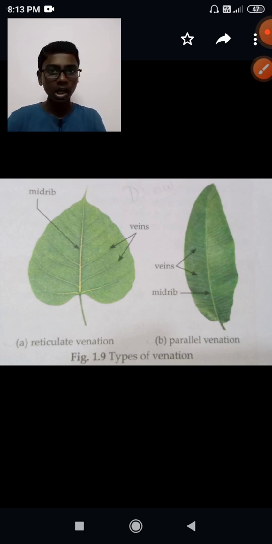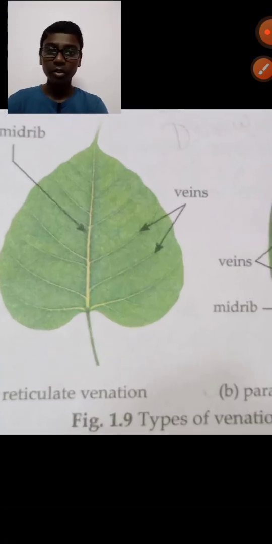Now the last objective of our video is the venation in leaf. There are two types of venation. But before knowing the types, we have to know what venation is. The arrangement of veins on a leaf is known as the venation. I repeat, the arrangement of veins on a leaf is known as the venation.